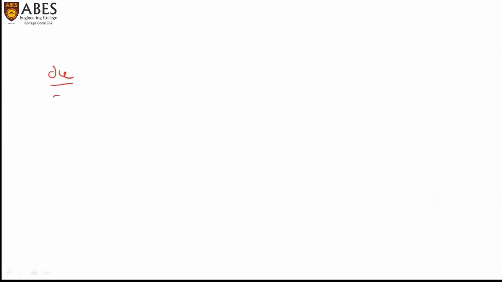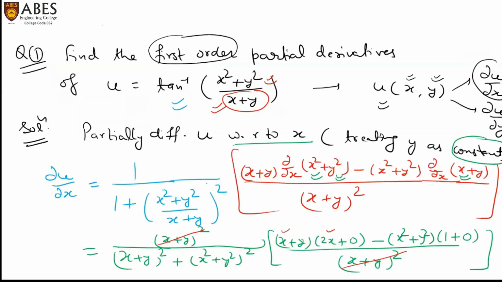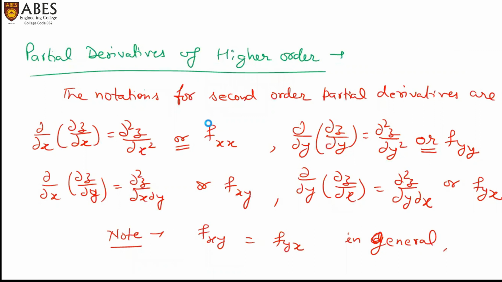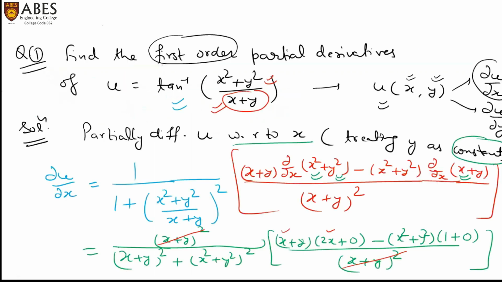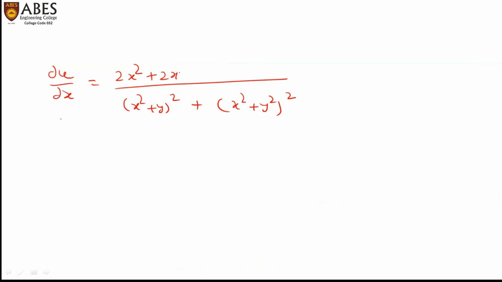So del u over del x equals (x plus y) whole square plus (x square plus y square) whole square in the denominator, and in the numerator x into 2x is 2x square, and then y into 2x is 2xy.